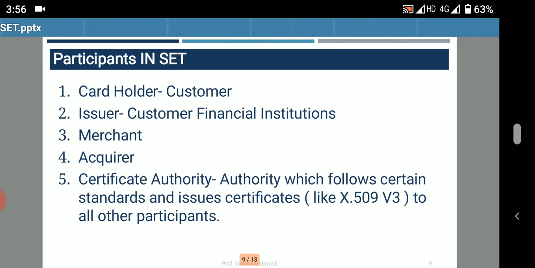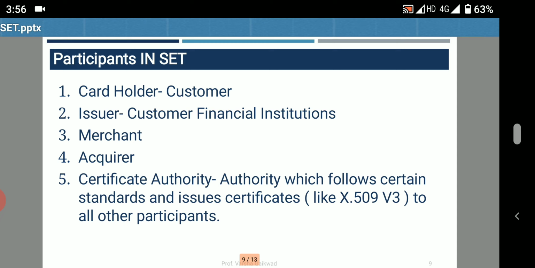Participants in SET. First is the cardholder, that is, the customer. Second is the issuer, that is, the customer's financial institution. You can say here the issuer can be a bank, or a third party like GPay, Paytm, for example. Then merchant, bank, acquirer, it's a seller, say.